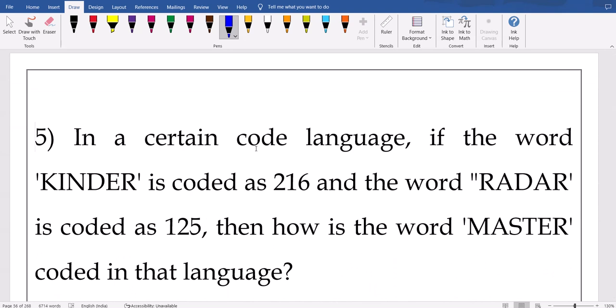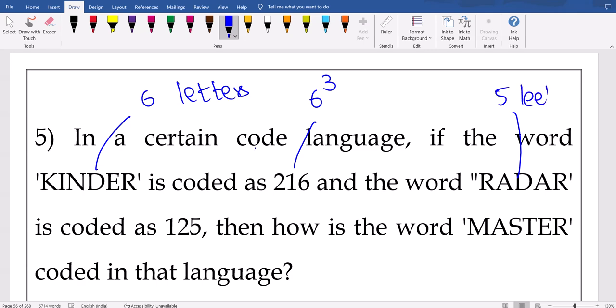Kinder, how many letters? What is 6 cube? They have given this. Good question, right? So, radar, 5 letters, 5 cube, 125. Master, the answer automatically is 216 only, 6 letters.